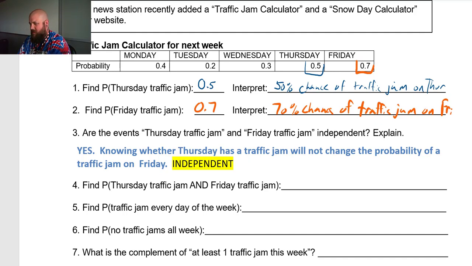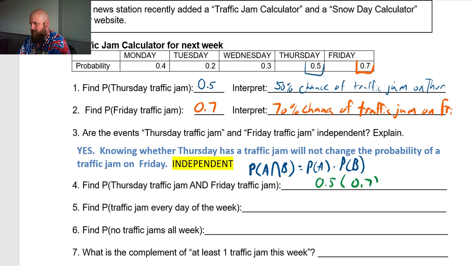So again, the probability of A and B is equal to the probability of A times the probability of B. So what value do we have here? The probability of a Thursday traffic jam was 0.5, multiplied by the Friday traffic jam of 0.7.